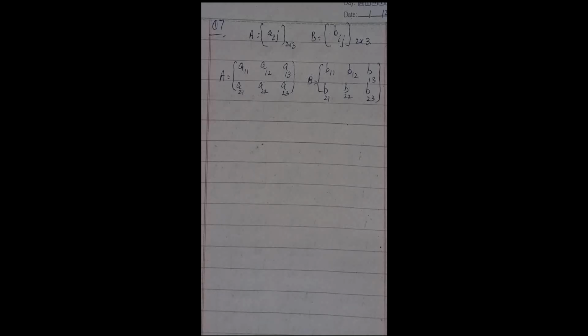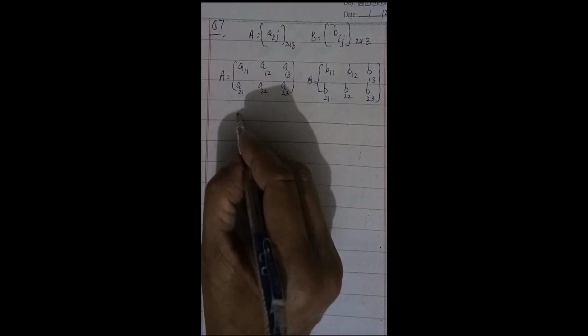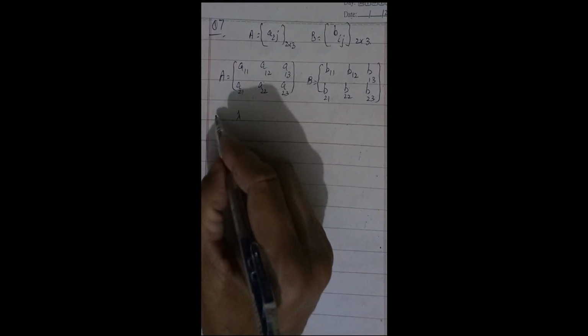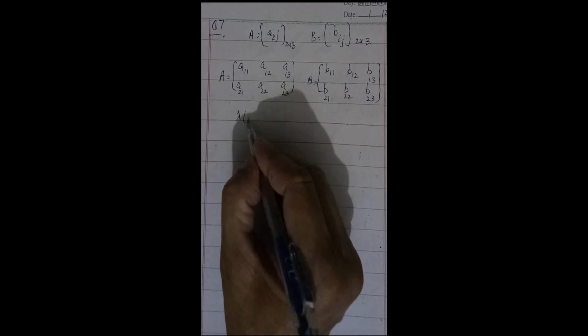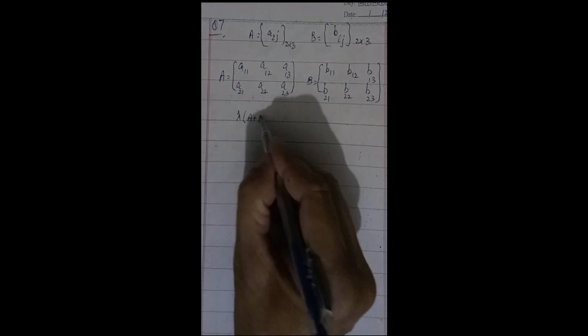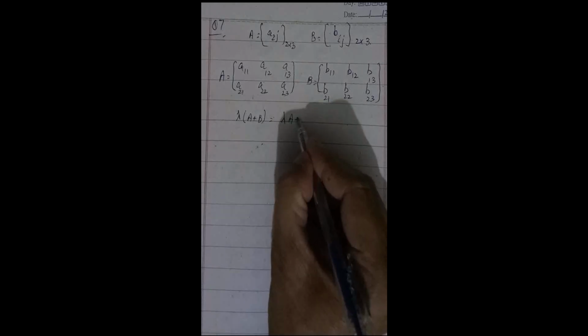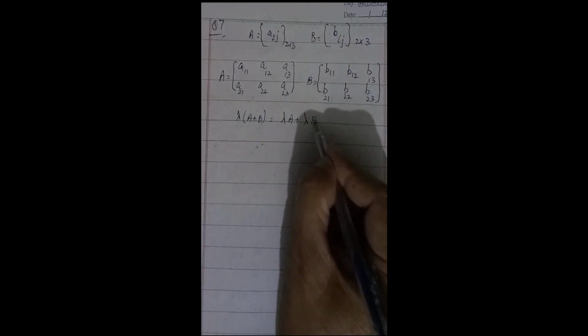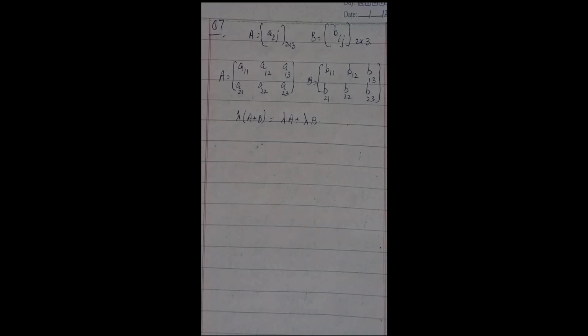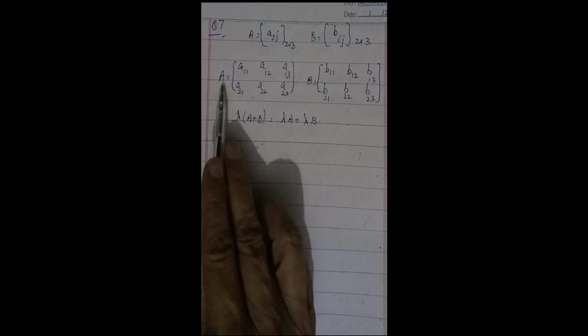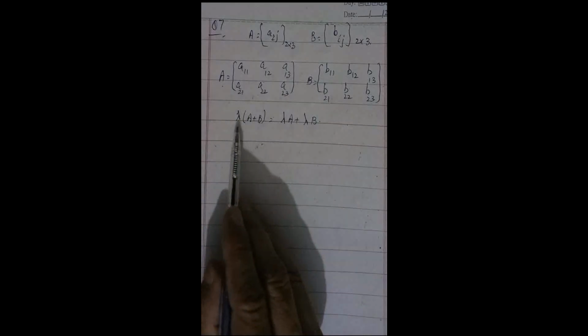Now, in question 7, we have to prove lambda bracket A plus B is equal to lambda A plus lambda B. First of all, we add A and B matrix and then multiply by lambda.